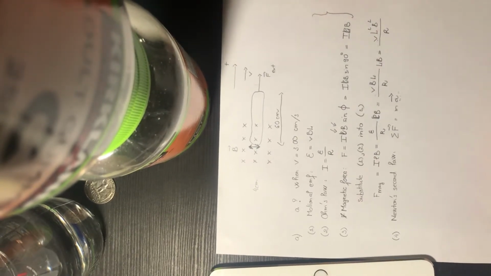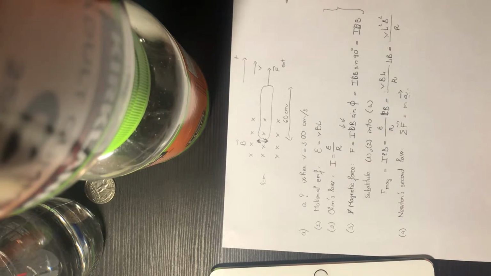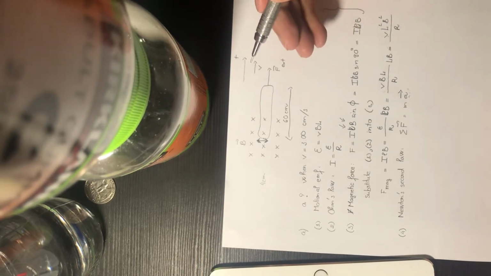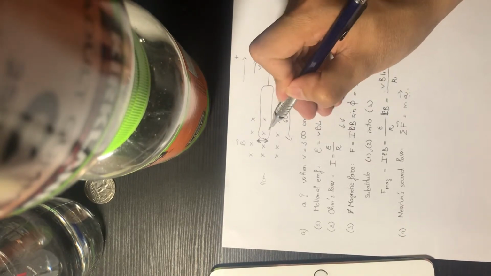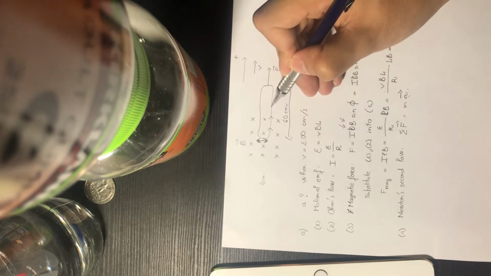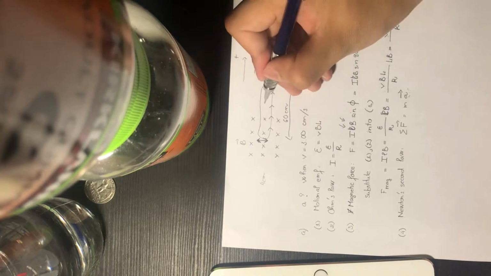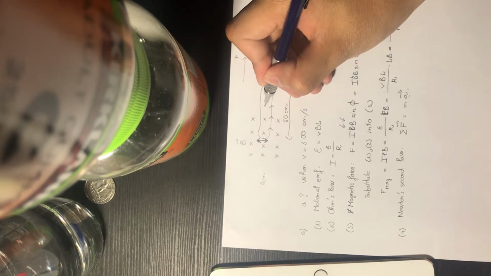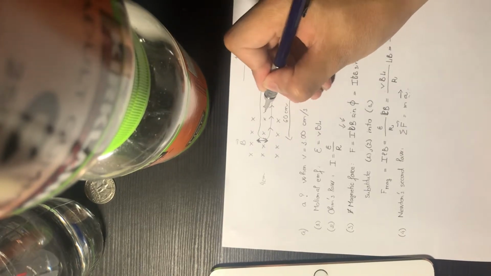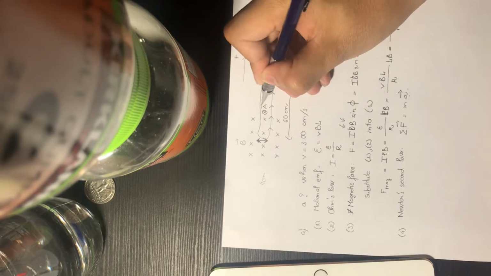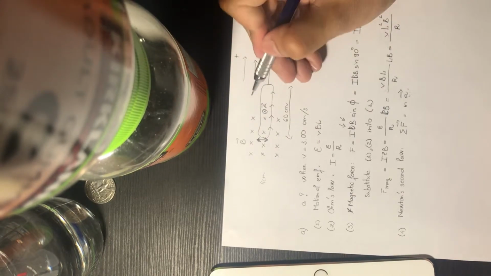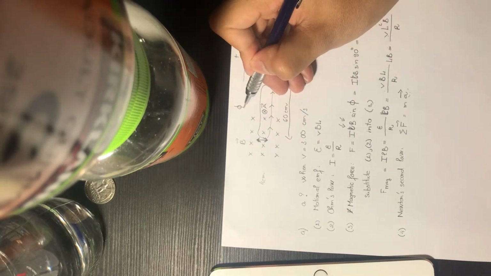In this situation, we will have the induced EMF move counterclockwise along the loop. The reason is, for example, we choose the normal vector of the area of the loop pointing into the page, and then we have a positive flux.